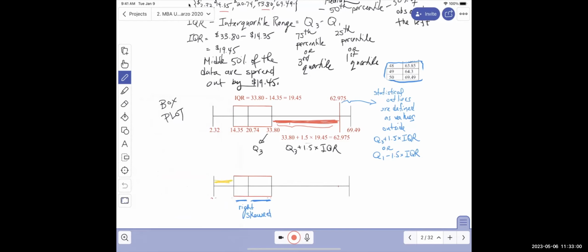So I compare this distance with this distance. Are they even? No. So outside in the whiskers, it's also right skewed. So because these reinforce each other, we say the shape, which we already knew, but this is just another way to look at just a box plot of the data. So the shape is right skewed.